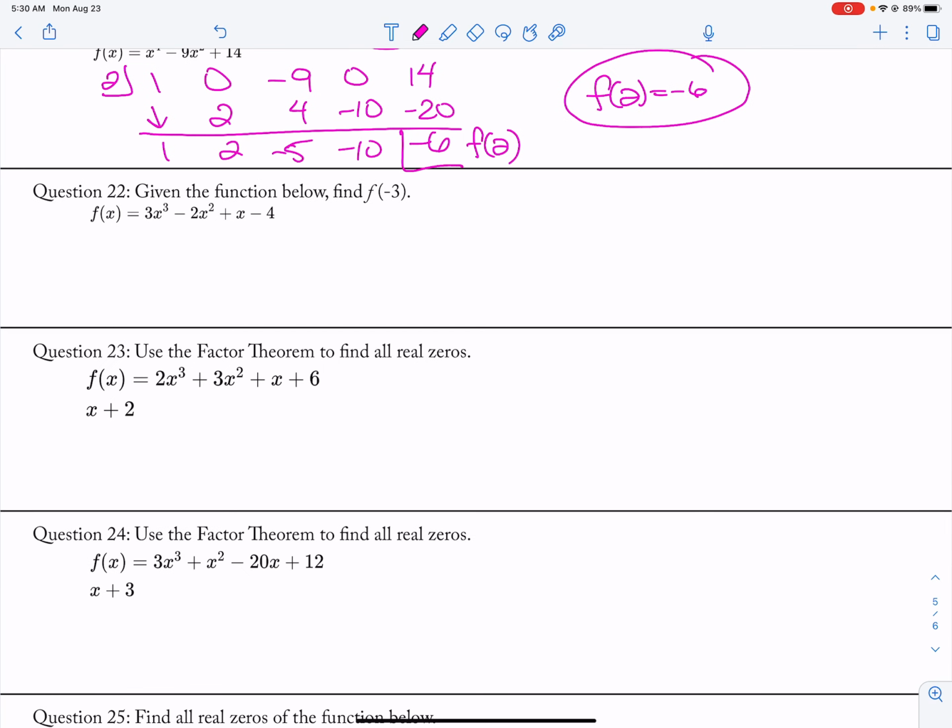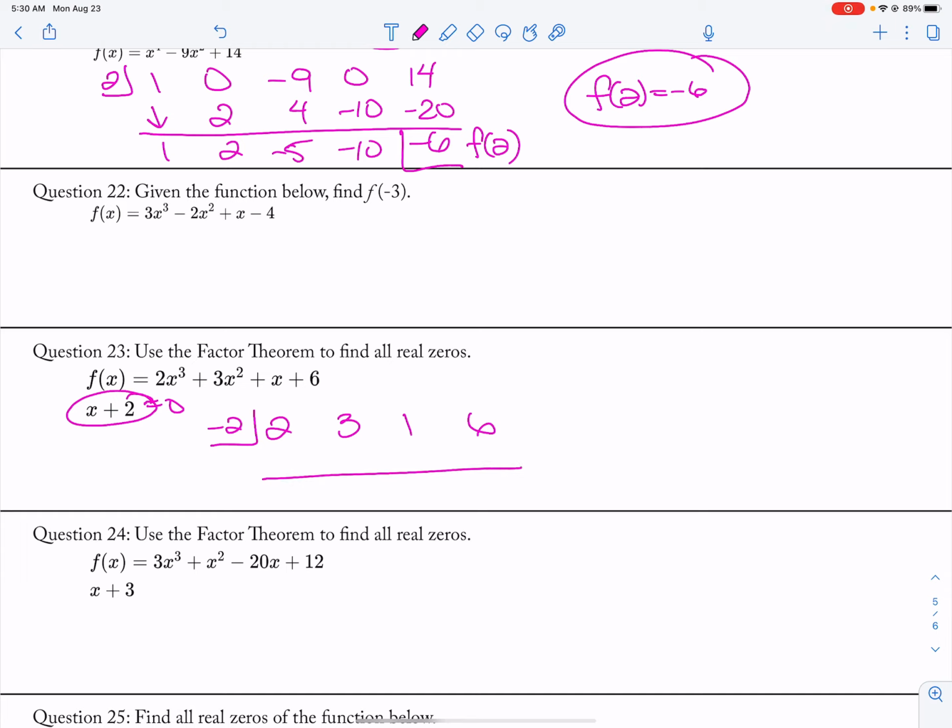So that's number 23. I'm going to take my x plus 2, and I'm essentially setting it equal to 0. And then I'm going to divide. This is like a little baby step. I gave you what one of the factors is. This is a baby step to the rational root theorem.